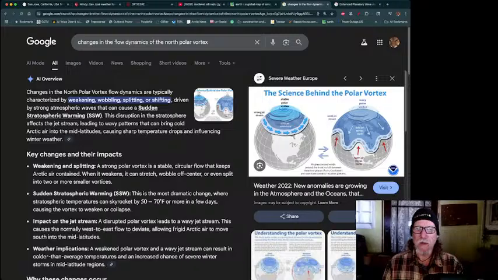Weather is a manifestation of atmospheric physics. Atmospheric physics is a manifestation of Earth system dynamics. So Earth system dynamics: the winds, the oceans, the ocean currents, the high and low pressure centers, the atmospheric physics, all that stuff, the jet streams, polar vortex, the Rossby waves, all that stuff.